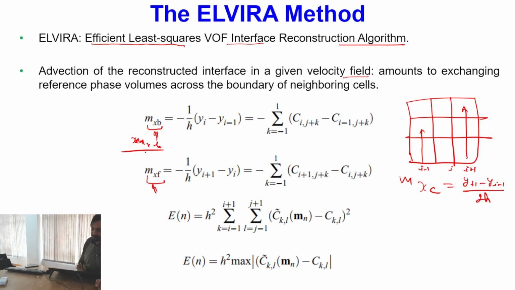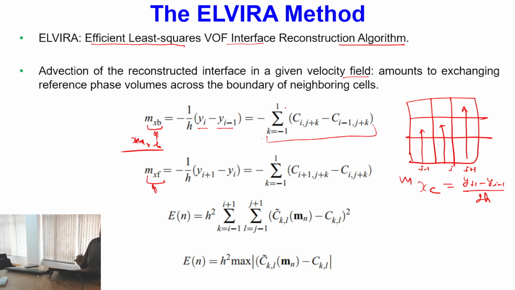When you are considering the backward difference approach, one height you will be calculating at the ith point, one at the I minus 1th point. So if I am calculating slope at I, then I take the present value minus the value in the previous cell. Okay, so that is my mxb, which is 1 by h times yi minus yi minus 1. And in terms of the color function, I get the sum with k varying from minus 1 to 1 of c i j plus k minus c i minus 1 j plus k.